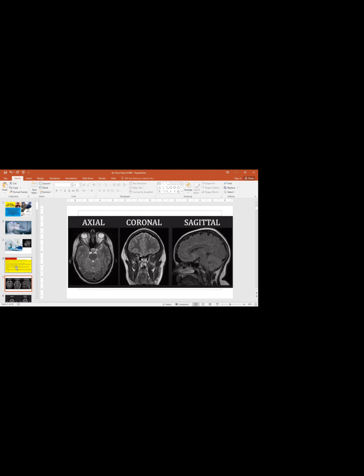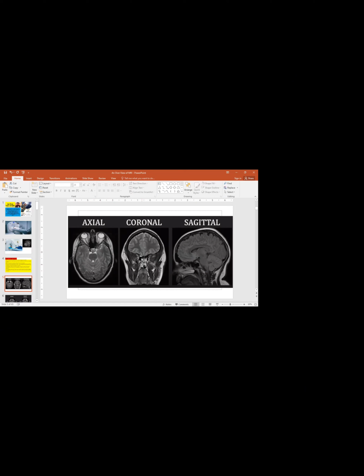In MRI, we take axial sections, we take coronal sections, we take sagittal sections. Axial means that we cut perpendicular to the long axis of the body, and we get an axial slice like this.